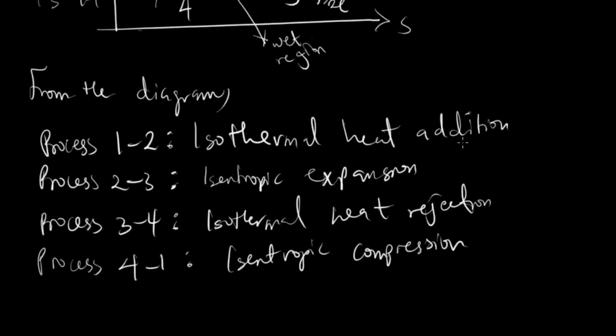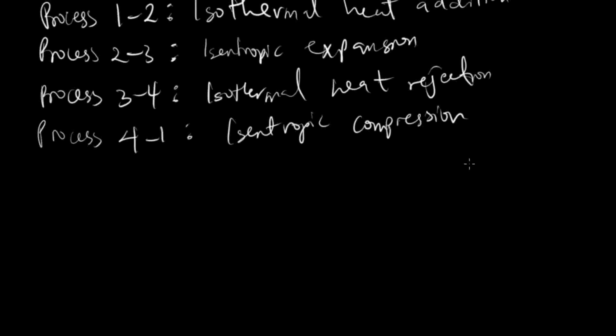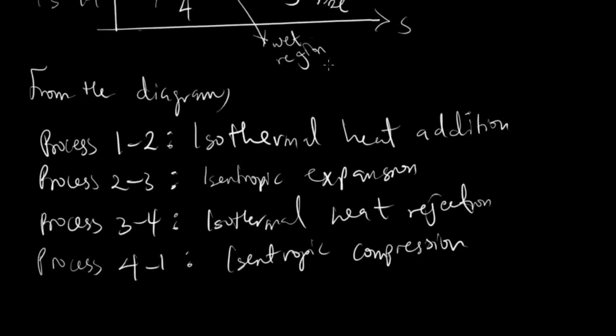Now the heat supplied, here as isothermal heat addition, Qs is given by H2 minus H1. Come here, work of expansion, that is isentropic expansion, W2-3 is equal to H3 minus H2.